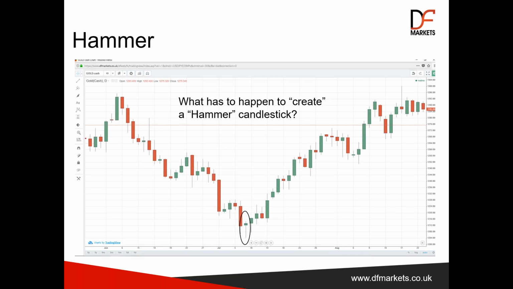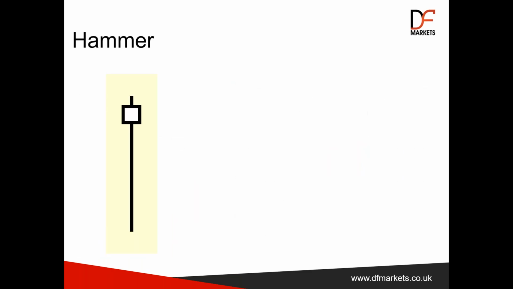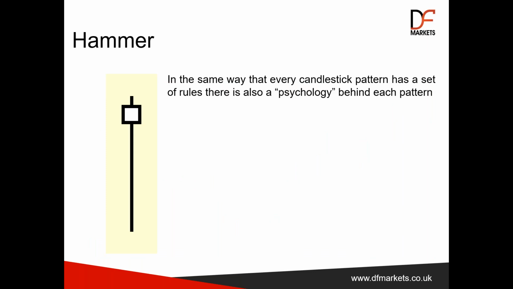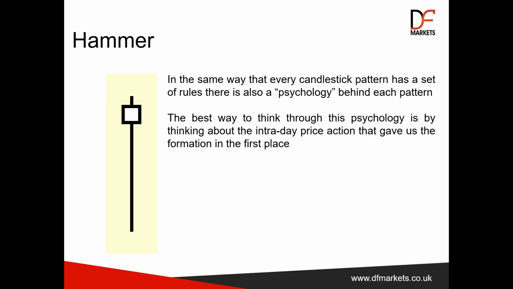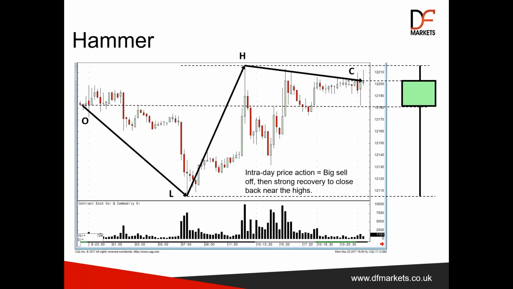The best way to explain that is to zero in on that day and look at the price action over the course of the day, and to think about the psychology behind each pattern. Think about the bulls and the bears as two groups of traders, and think about what they're thinking and how they're feeling about their positions as this day unfolds.